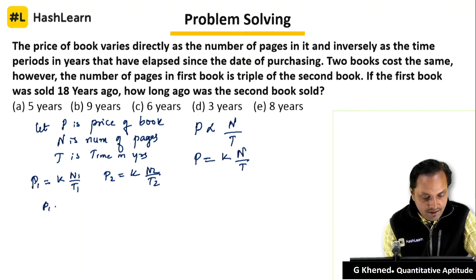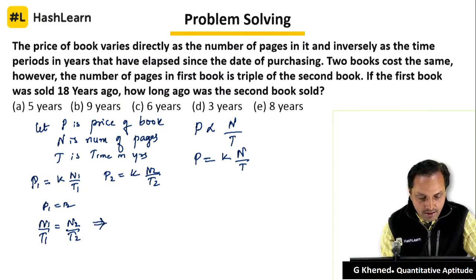So P1 is equal to P2, which means you can write N1 by T1 is equal to N2 by T2. What does that give you? The number of pages in the first book is triple the second book. So attention students, this is T1, this is T2, this is N1 and this is N2.